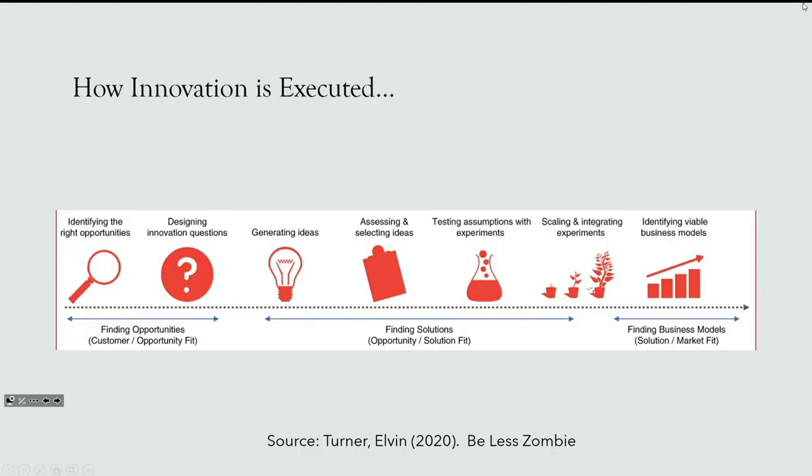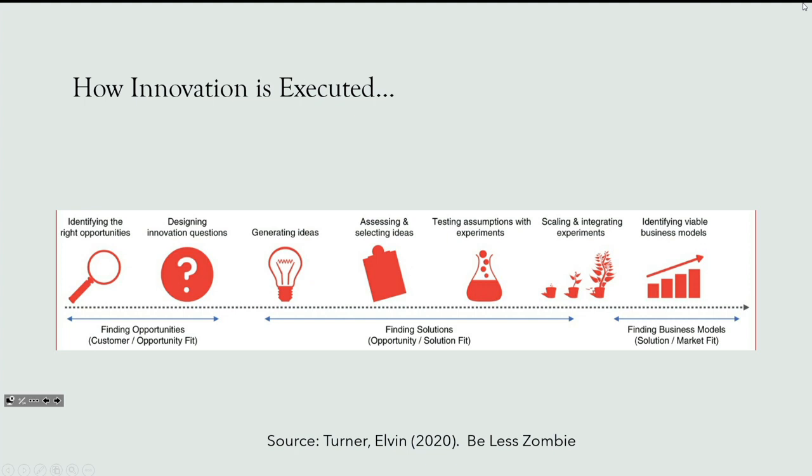Okay, so let's talk about how innovation is executed. So maybe you can explain now that little basic diagram. That's a great tool. Yeah, so this is a very high-level diagram that Alvin Turner did for his book, Be Less Zombie, one of my favorite books. We've talked about it before. So starting from the left, begin by identifying the right opportunities and designing innovation questions. So what are the things you're going to do, or what are the areas you want to explore?